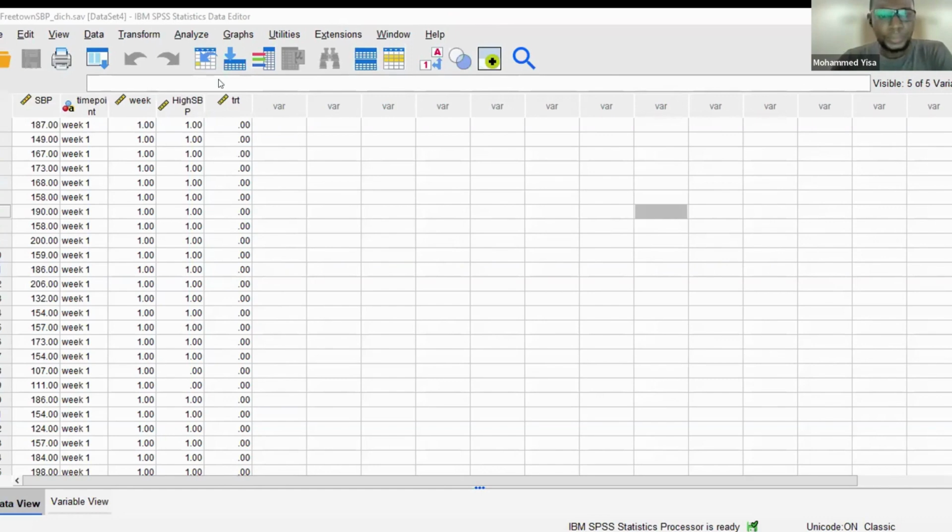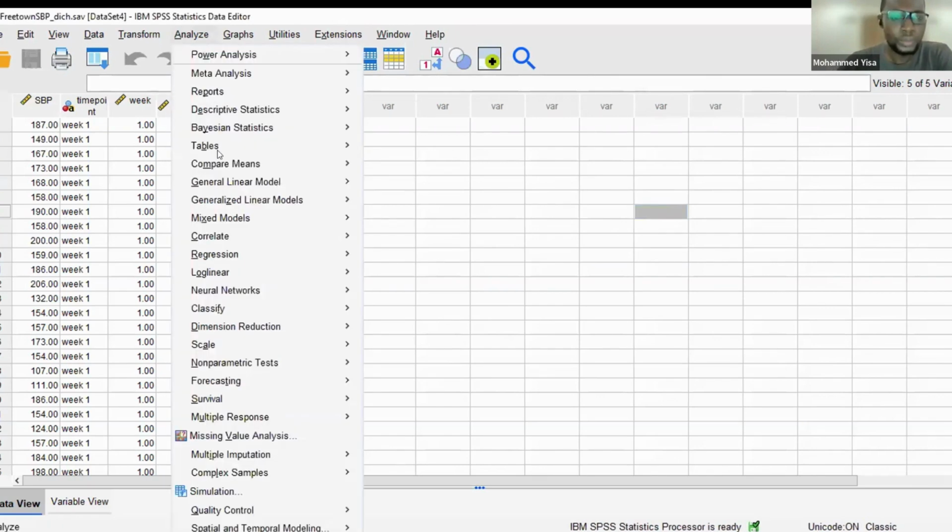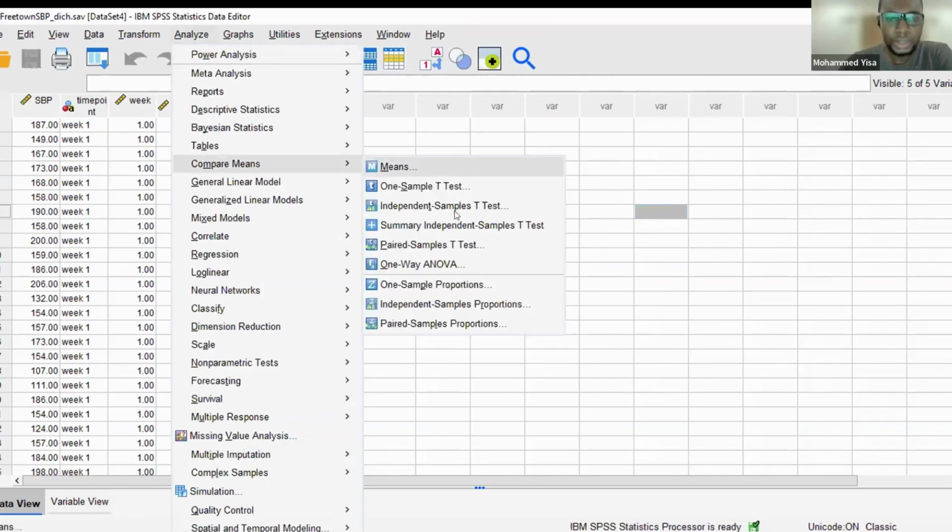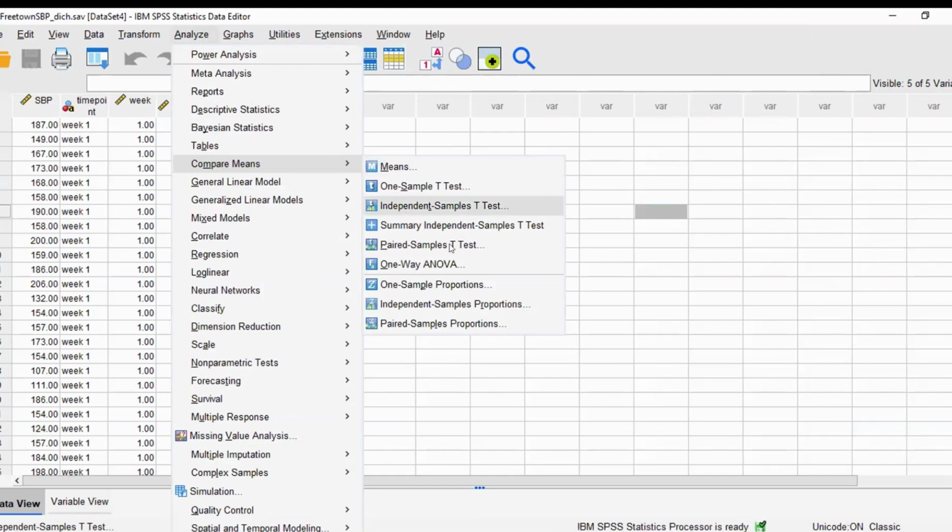Okay, so we're about to do the independent sample t-test. So we come here to Analyze, come to Compare Means, and come to Independent Samples T-Test.